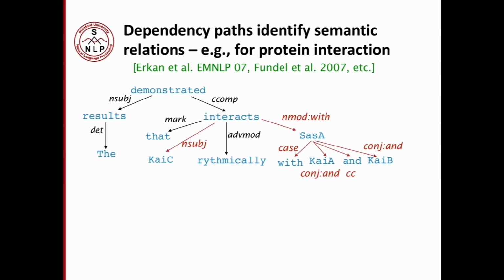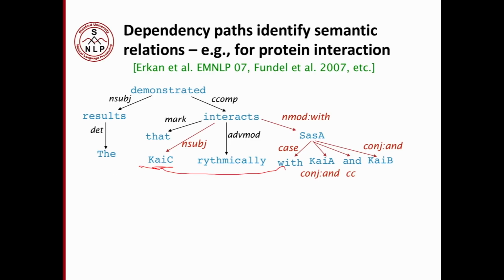So, the results demonstrated that Chi-C interacts rhythmically with Sas-A, Chi-A, and Chi-B. Whoops, I've got to turn those notifications off. If we want to get out protein-protein interaction facts, we have this Chi-C that's interacting with these other proteins over there.